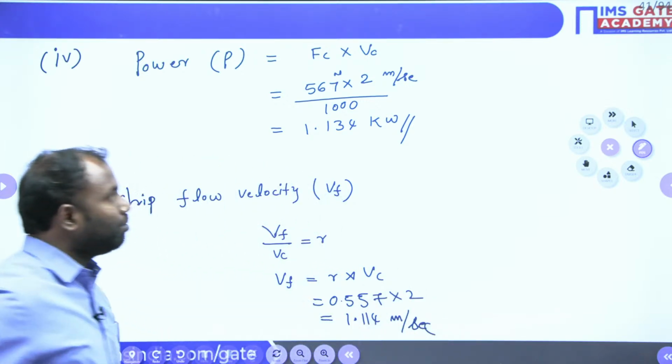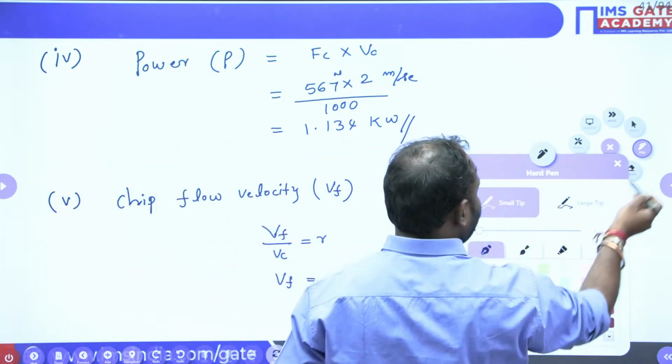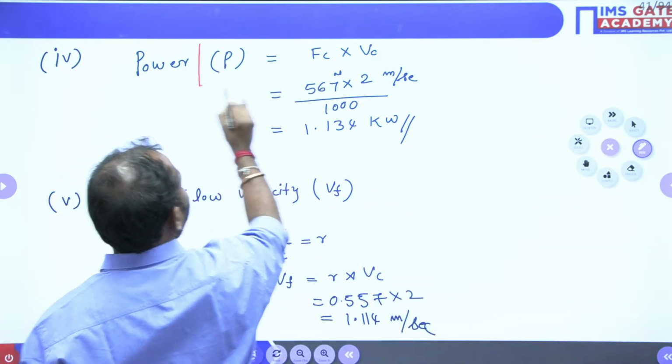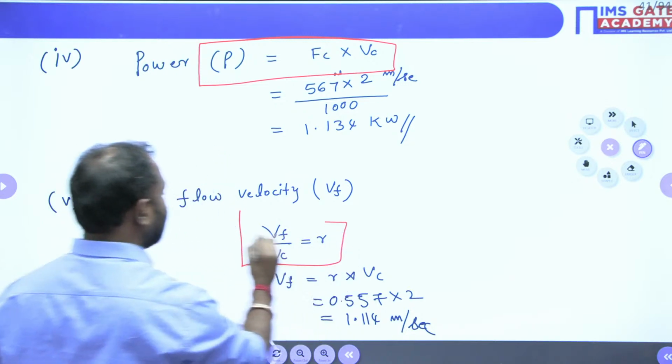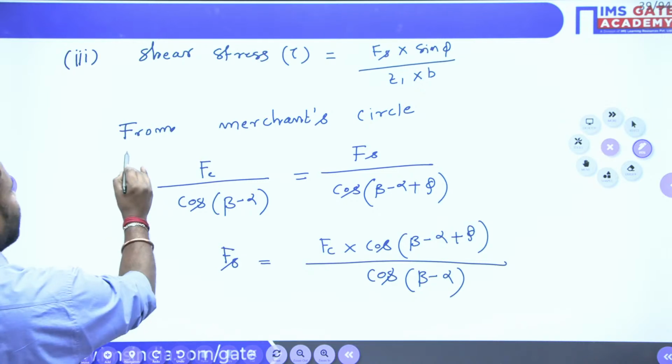Okay. So remembering the relations is very important in metal cutting. From the Merchant circle we have derived so many relations, including the power relation. Now this is one more relation, and if you go back, this relation is also very important.